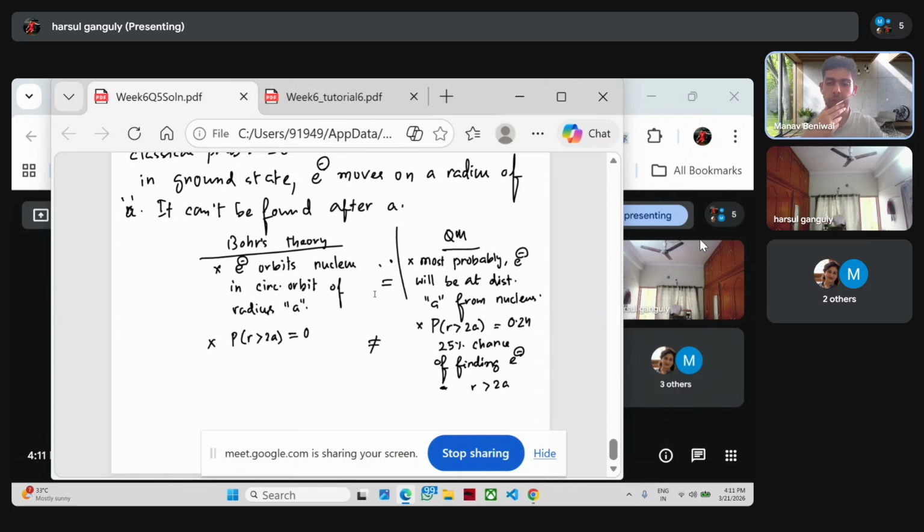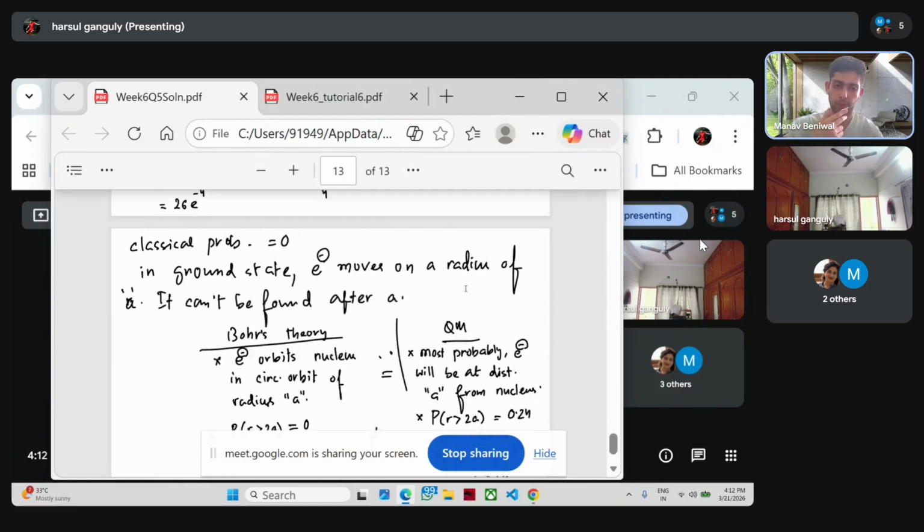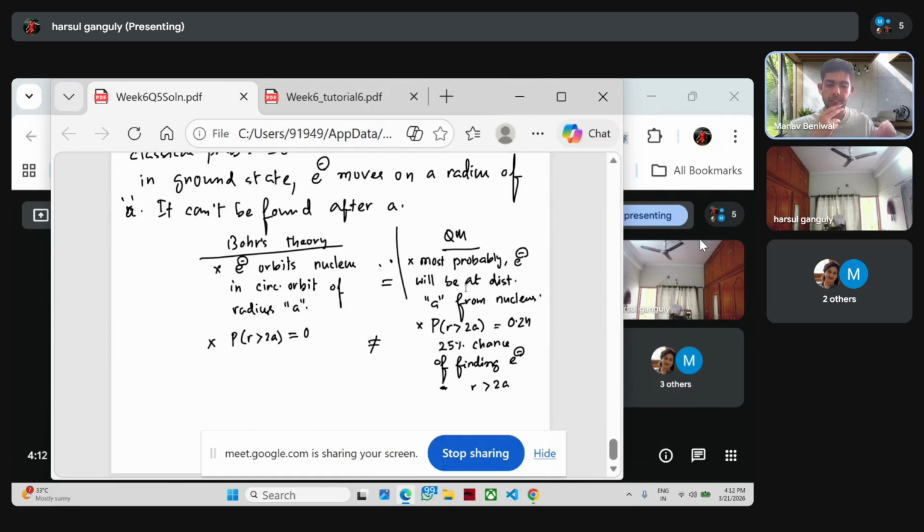Okay, let me ask you: what do you think is a classical model of the atom? Quantum mechanically, we know that we have this wave function of an electron, an exponential, e to the minus r by a type of wave function, and to find the probability, we can just square it. But classically, where we do not have any wave function associated with the electron, it is just like a particle.